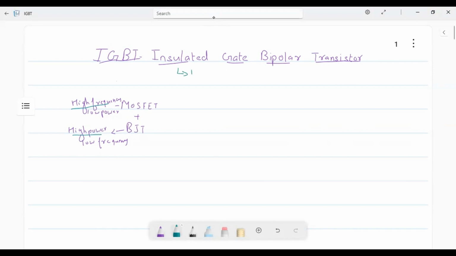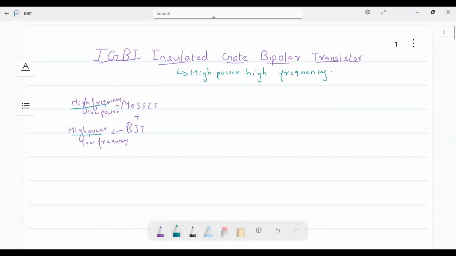So it is used in high power and high frequency applications. So I told you it is a combination of MOSFET and BJT.